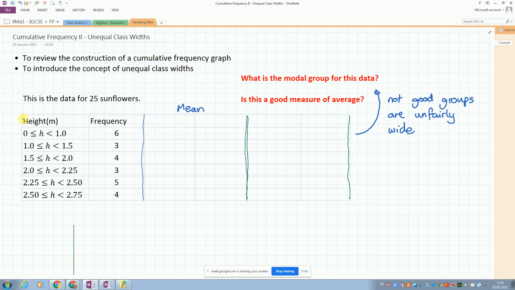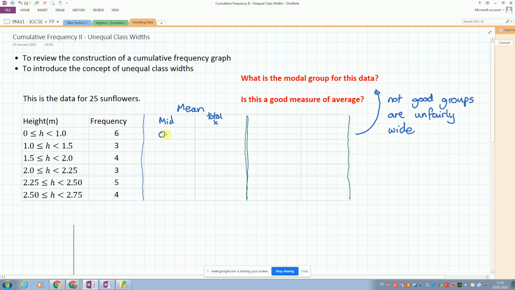Did this last week. How did we find the mean of a set of table data? Frequency by what? Right, so we need mid-value. Good, mid-value. And mid-value we find by adding the two endpoints up and dividing by 2.